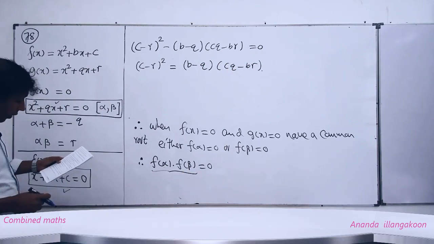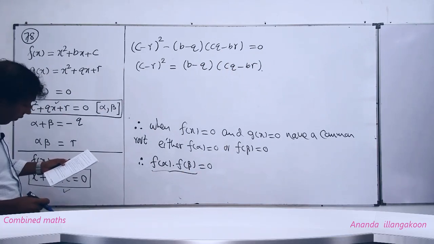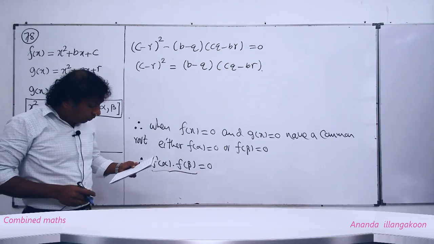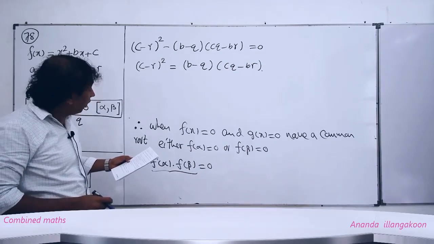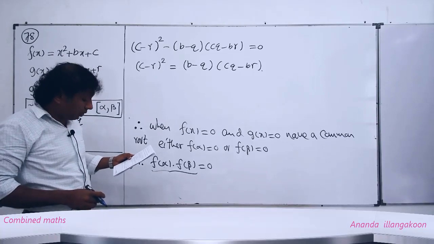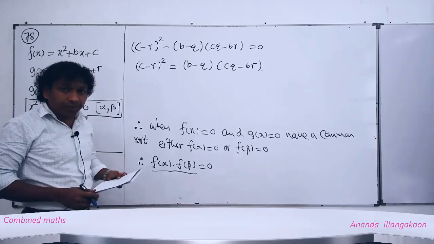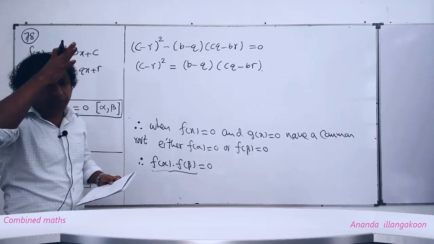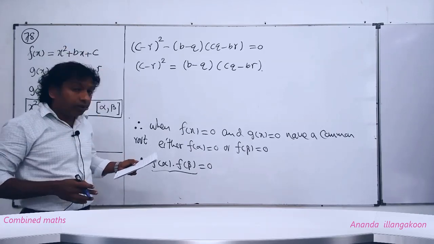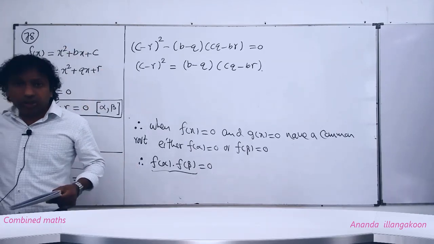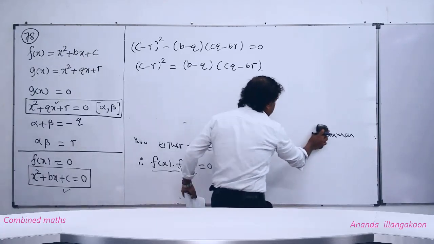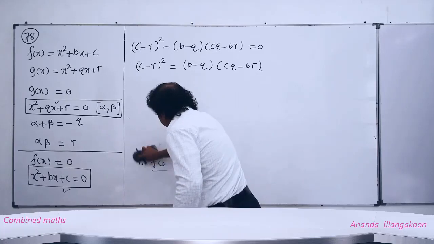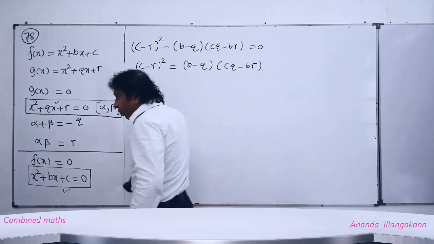Okay. Now what is being asked, people? If f(x) = 0 and g(x) = 0 have a common root, then b minus q, c minus r, cq minus br are in geometric progression. What is meant by geometric progression, people? You learned geometric progression in your levels, right? Geometric progression means this.